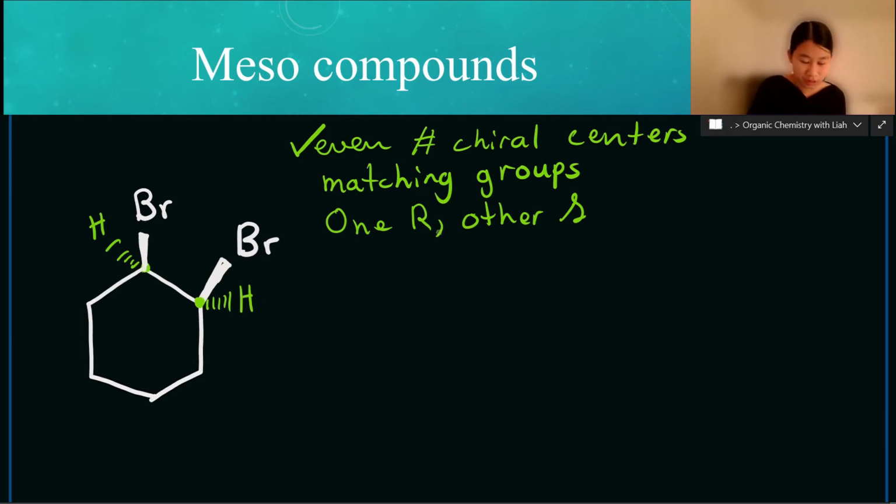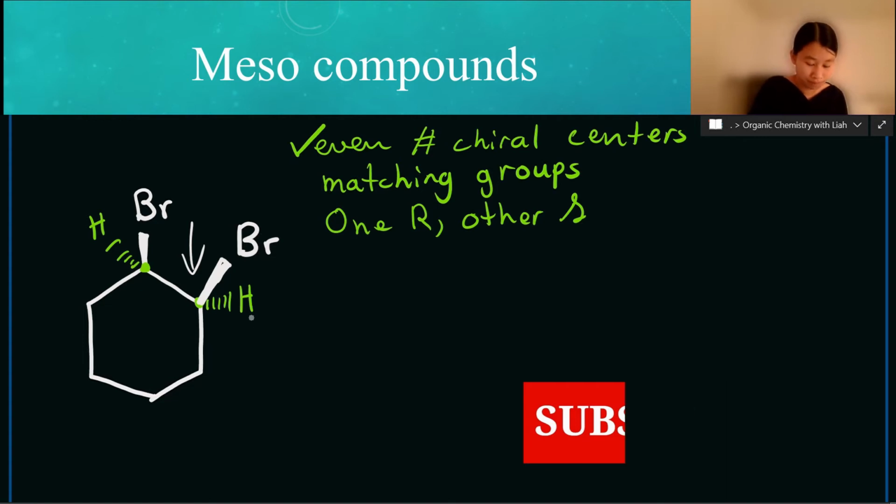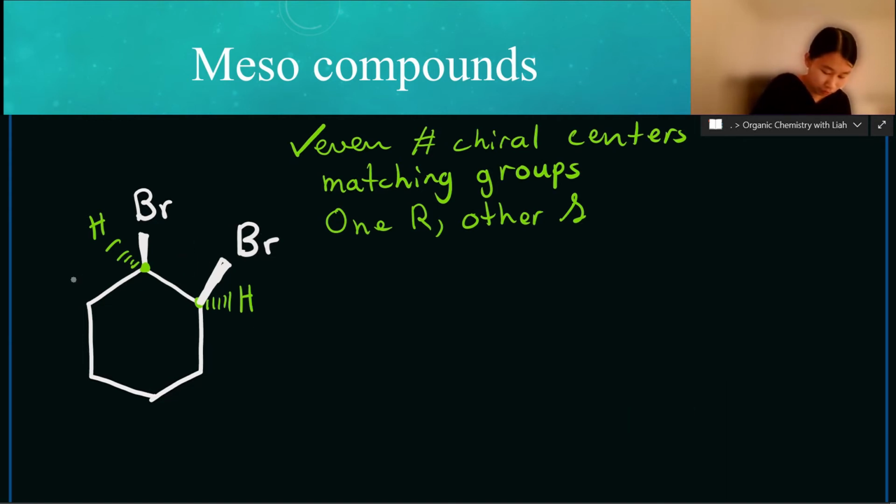Let's check the next. Are these chiral centers bonded to matching groups? Well, let's check. On this one, we have a bromine, a hydrogen, then we have the carbon over here that is bonded to the bromine and hydrogen, and then we have the other group that is CH2 and goes on to a C down here.